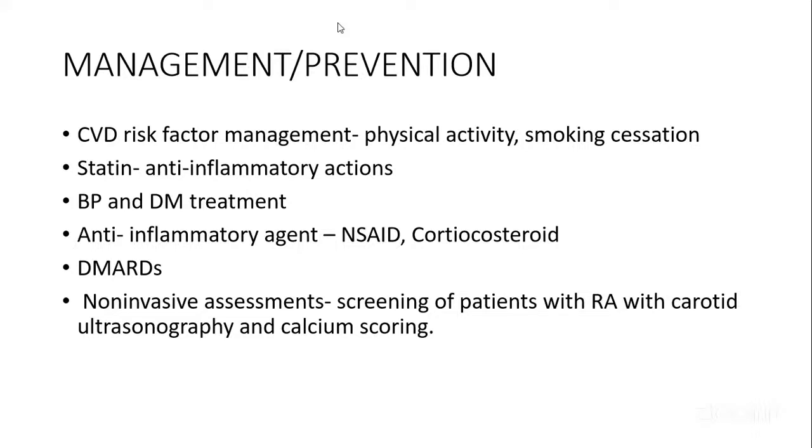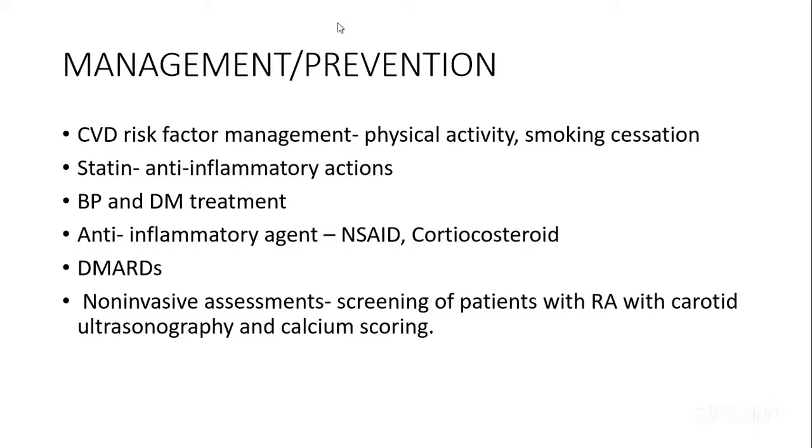So now that we've talked about inflammation as the underlying pathogenesis leading to premature atherosclerosis and changes in the blood vessel, some people have advocated screening of patients with rheumatoid arthritis to check their carotid intima thickness, or do calcium scoring to be able to identify patients with coronary artery disease on time.